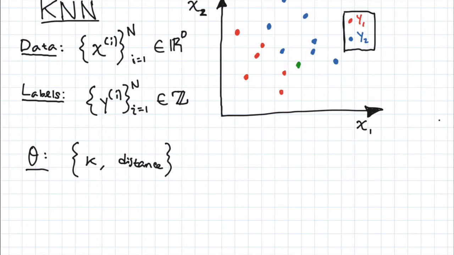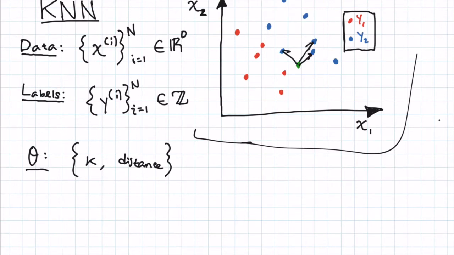Let's go over a quick example of KNN using an example where x is in R2. Right over here. So for each point, we want to compute the distance between here and all other points, and so on. So first we'll get the distances.